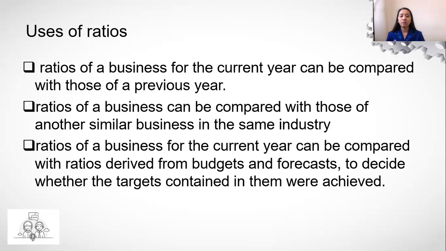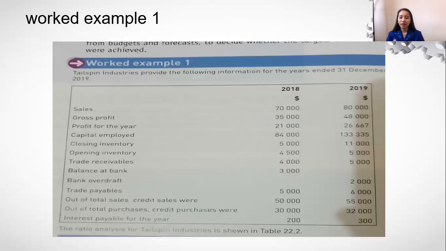And the ratio of a business for the current year can be compared with ratios derived from the budget and forecast to decide whether the targets set in them were achieved. We have goals, and we want to find out whether we have already reached the goal or are close to it. That's the meaning.